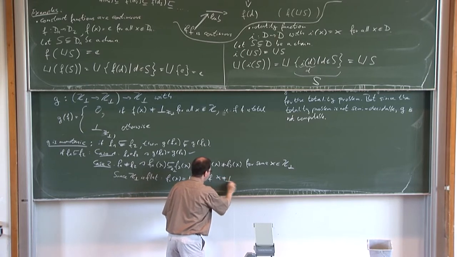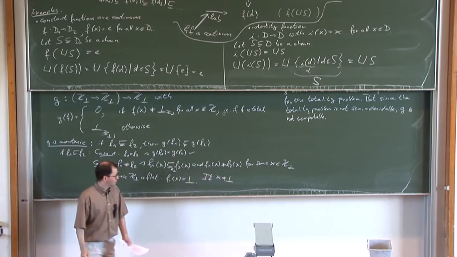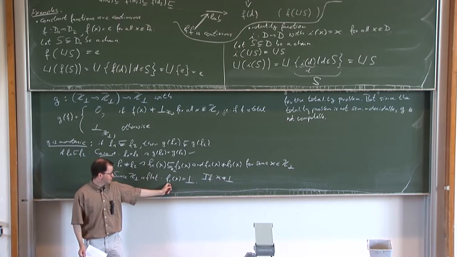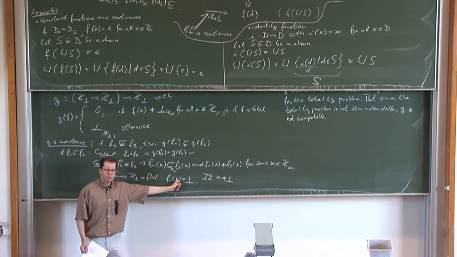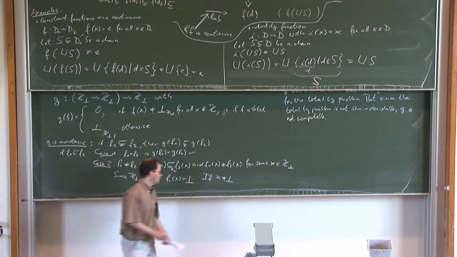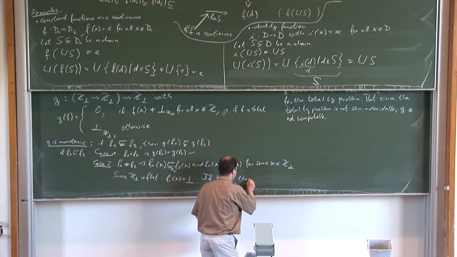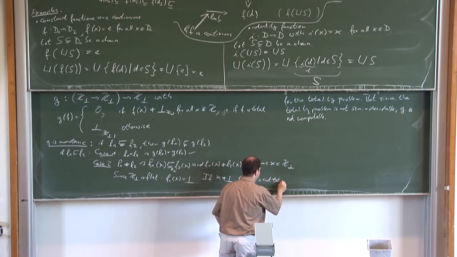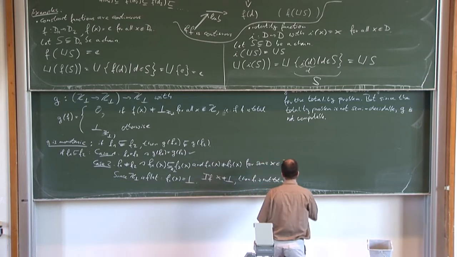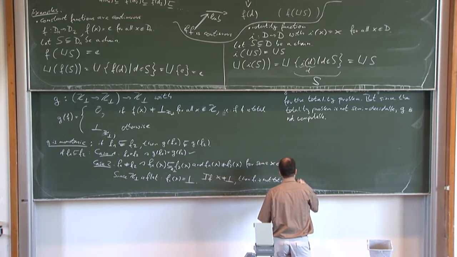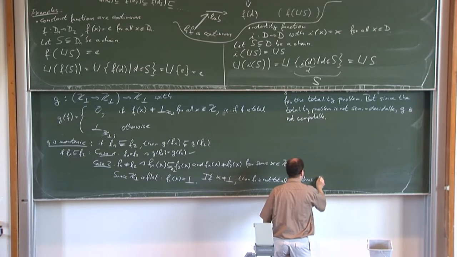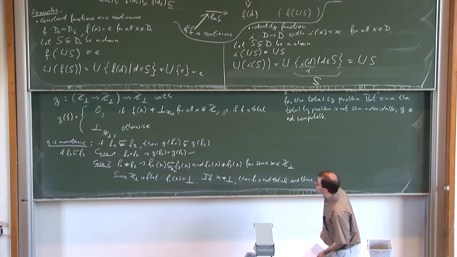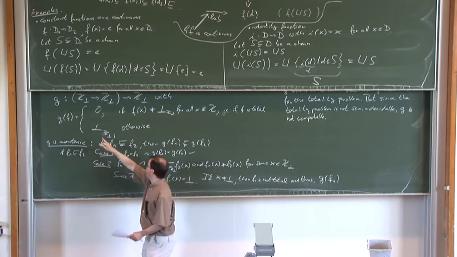If x is not bottom, then this means f1 is not total. There is some x which is not bottom where f1 is undefined. Then f1 is not total. And therefore, and thus, g of f1, if it's not total, then g of f returns bottom.